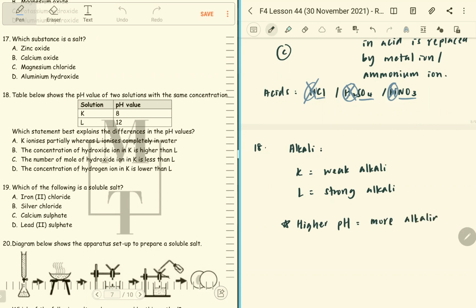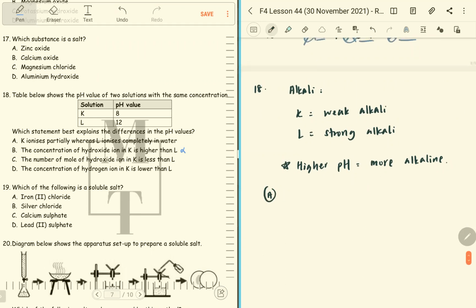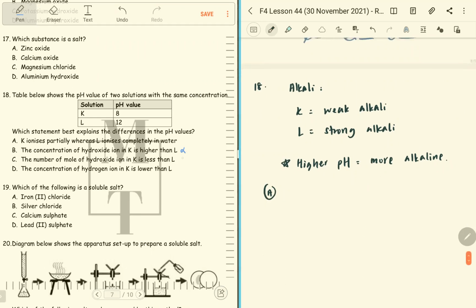So for weak and strong alkali, the main concept here is really about whether you partially ionize or completely ionize. So the answer is A. Option B is already wrong because it tells you the same concentration. The number of moles of hydroxide is also wrong already, because the same concentration will give you the same number of moles.